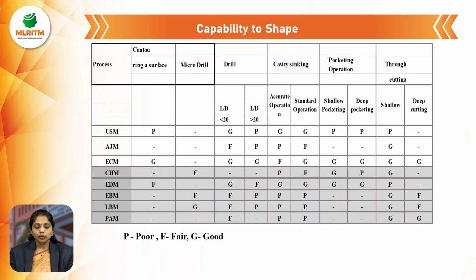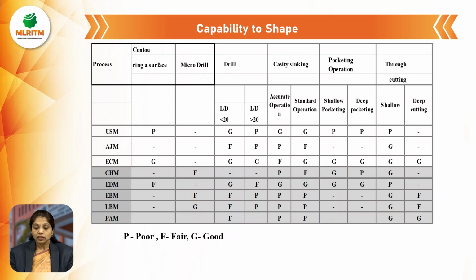If you see ultrasonic machining, this method is generally utilized for brittle and ductile materials, and it is used for depth of cuts. It cannot be used for micro drilling; it is very poor for micro drills and surface contouring. It is not possible with ultrasonic machining.